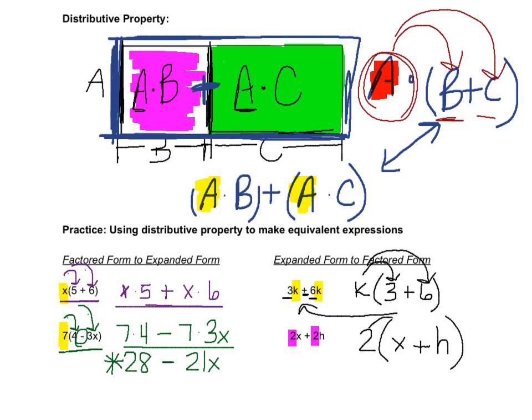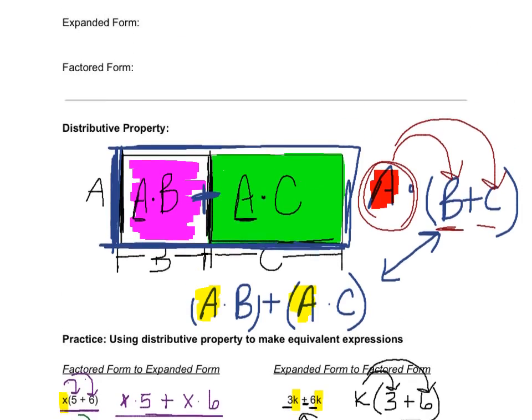And once again, hopefully you can see that if I were to distribute the 2, it would give me 2x, and if I were to distribute the 2 to the h, it would give me 2h, which would give me the expanded form right back. So this is kind of a brief look at the distributive property.